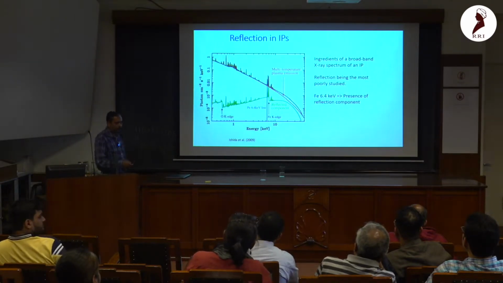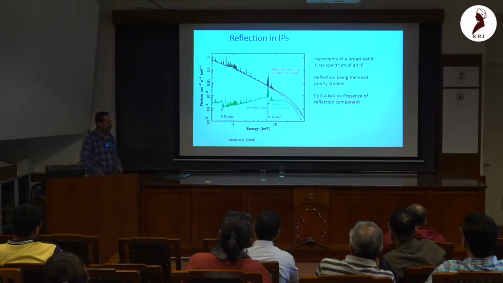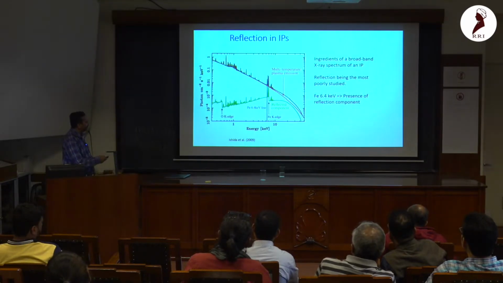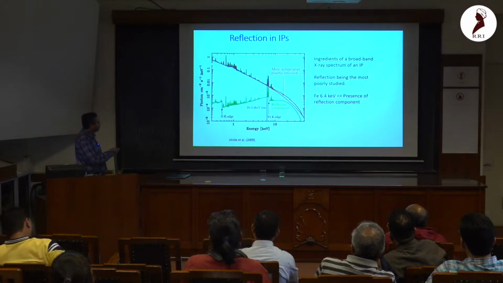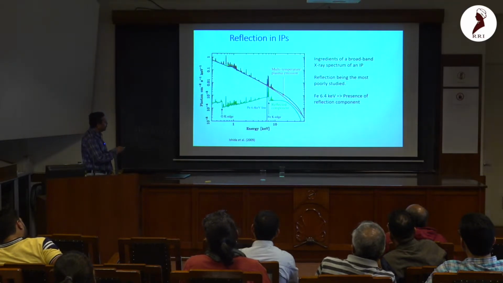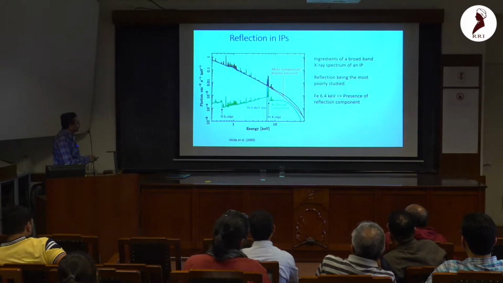When you look at the spectrum of these sources in X-rays, observing from sub-keV to a few tens of keV, you will see this kind of spectrum. This is the overall spectrum. The different ingredients are, first, the emission lines I was talking about, at energies around 1 keV or so.